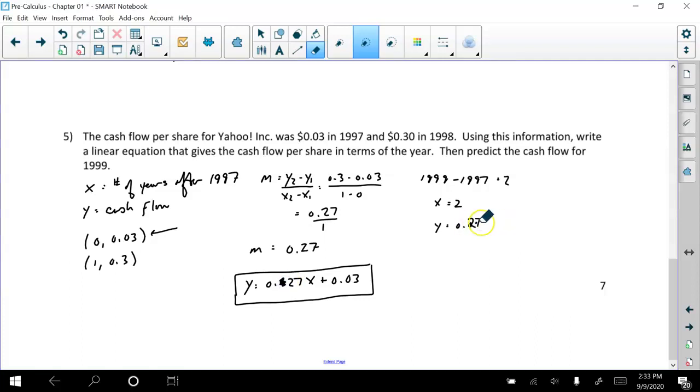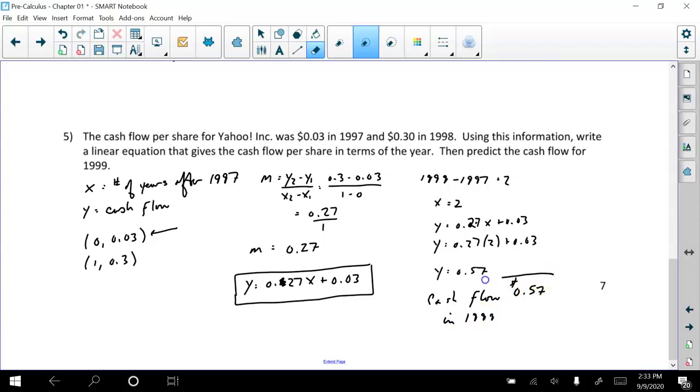So y equals 0.27 times 2 plus 0.03. So y equals 0.57. So the cash flow is 57 cents, $0.57, in 1999.